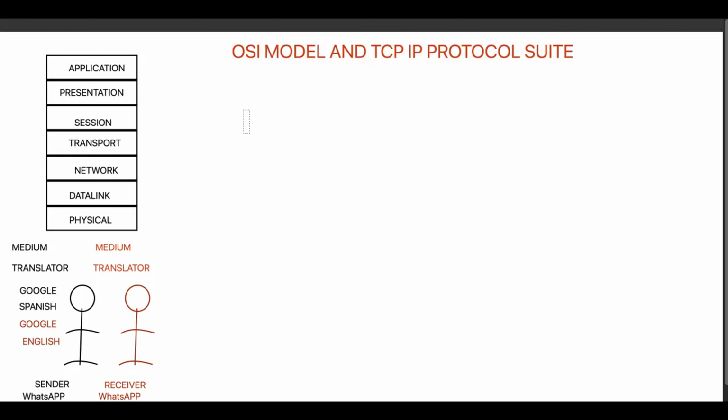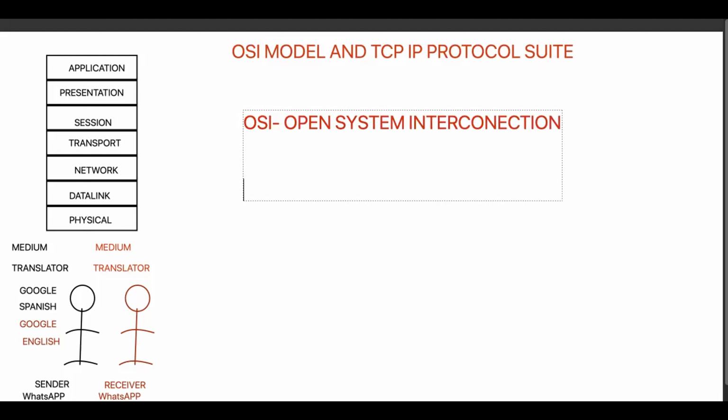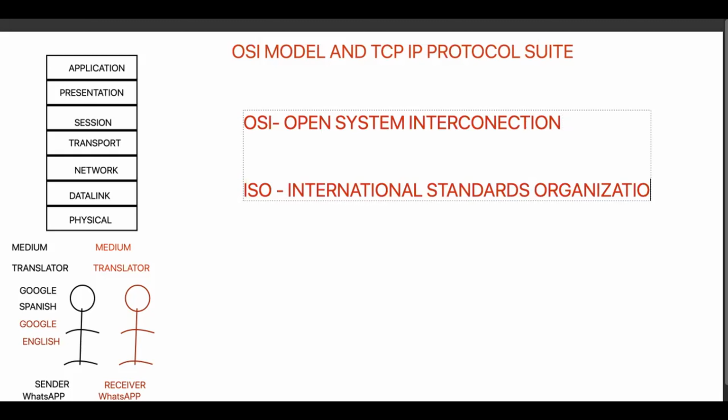OSI stands for Open System Interconnection, and ISO is the International Standards Organization. So ISO first introduced the OSI model.